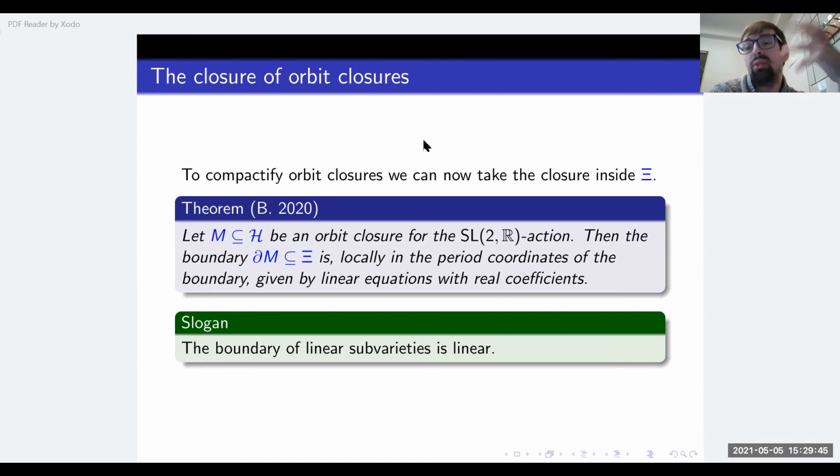So first of all, you need a compactification that is smooth, because otherwise sometimes you can't make sense of coordinates. And I only know one compactification that is smooth and has this analog of period coordinates, and that's the compactification I mentioned. The other ones I know are all singular, so there's no hope of proving a similar statement.